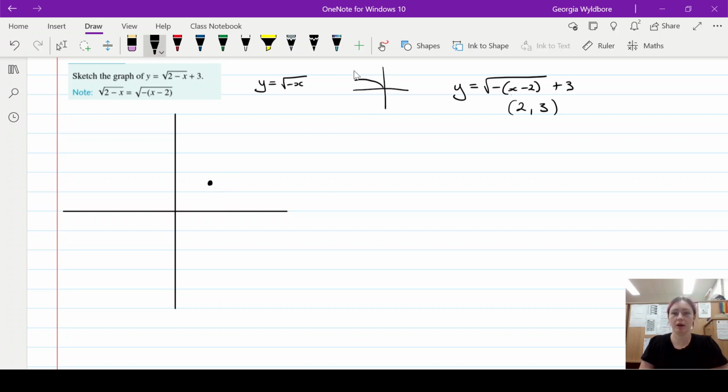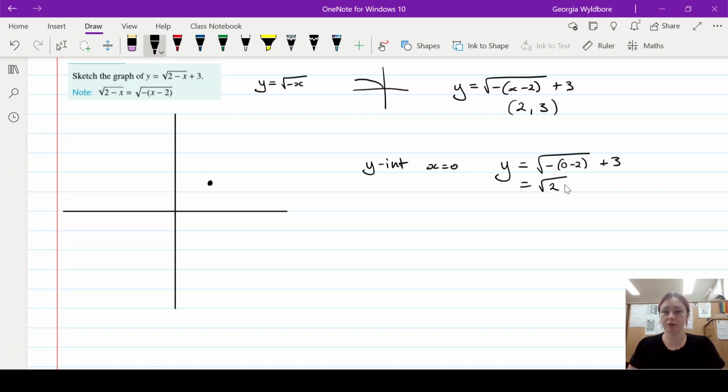And because we know, again, what this graph looks like, which is why it's good to visualize that before you start trying to sketch, we know there's no x-intercept here. So we only need that y-intercept when x is 0. That's actually very easy to work out here. We get y equals square root of negative 0 minus 2 plus 3. So negative 2 is just the square root of 2 plus 3.